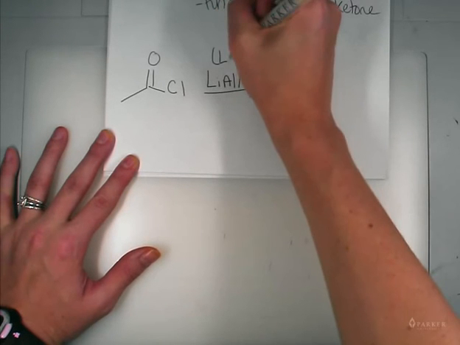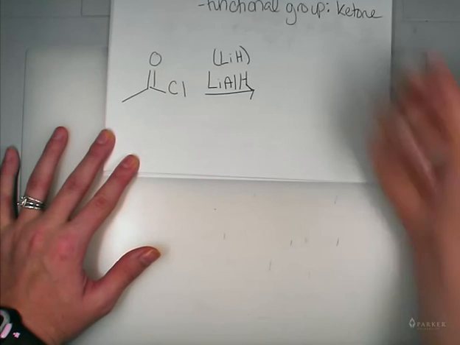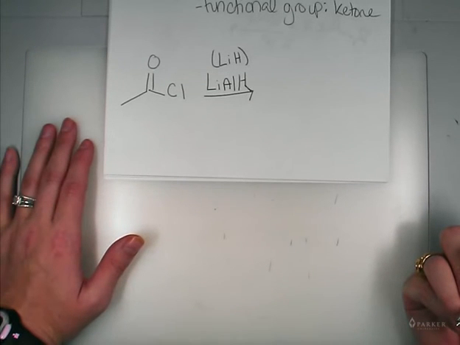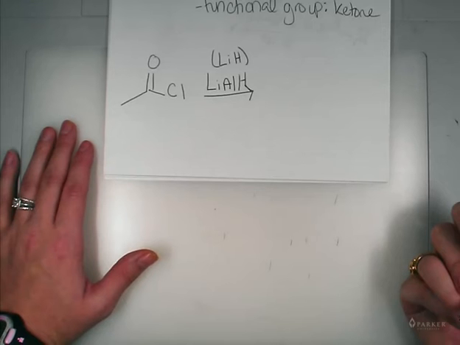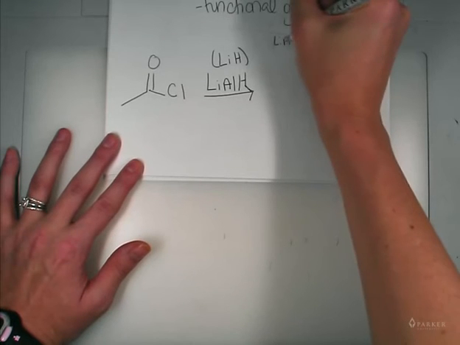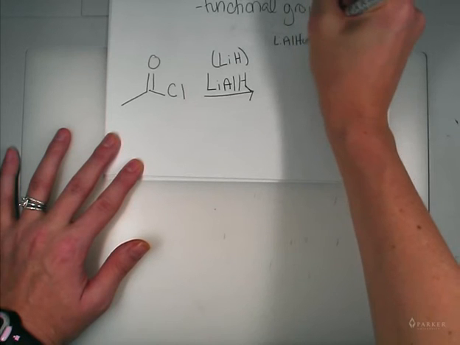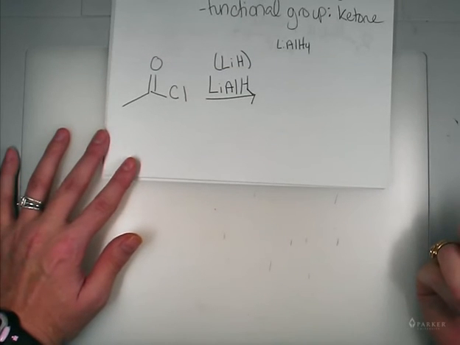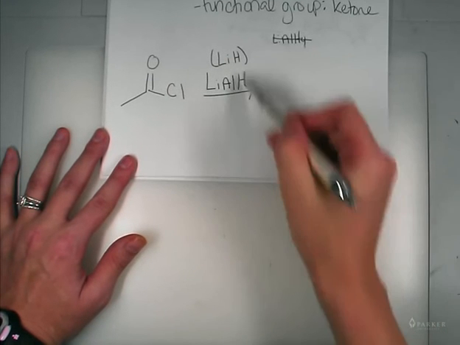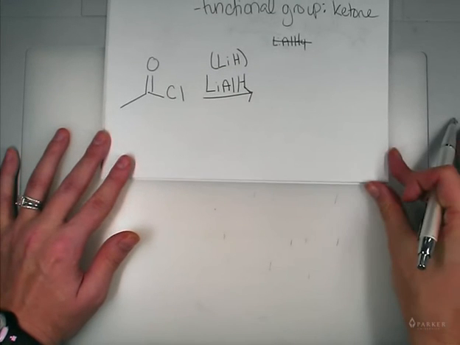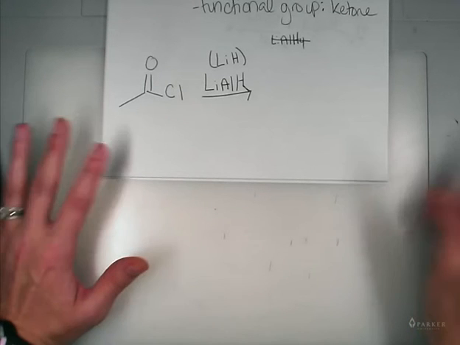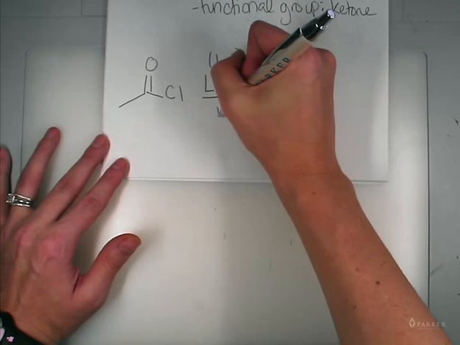Or sometimes I see it written as LiAlH. Now usually we see lithium aluminum hydride with 4 hydrogens, LiAlH4. This one's a strong reducing agent. But how many hydrogens do we have here? 1. So how many times do you think this will react? 1 time, because there's only 1 hydride. So this is just a source of H minus.